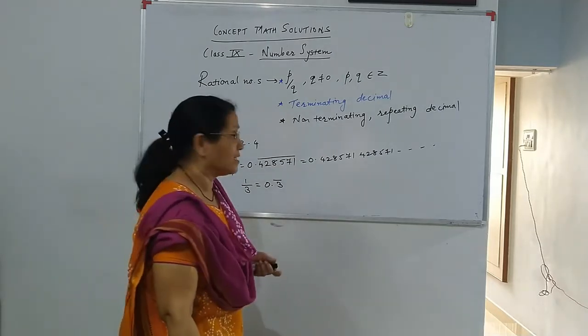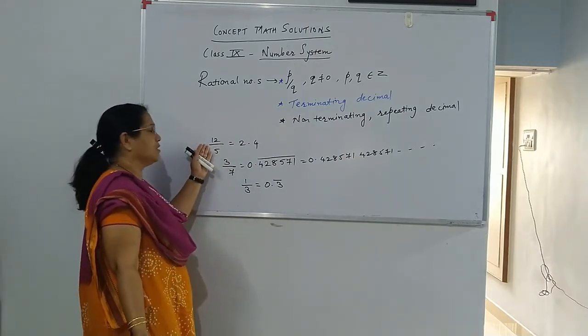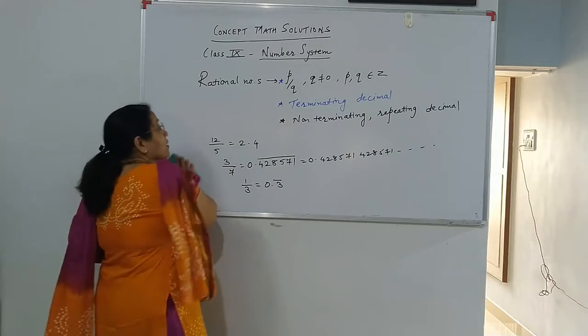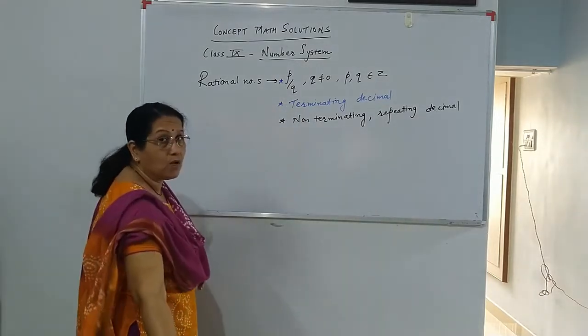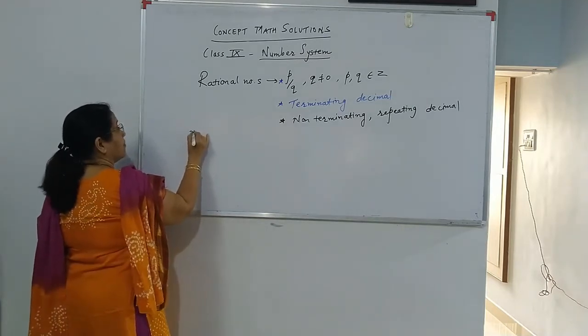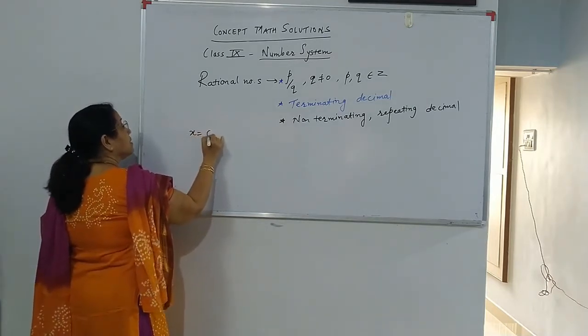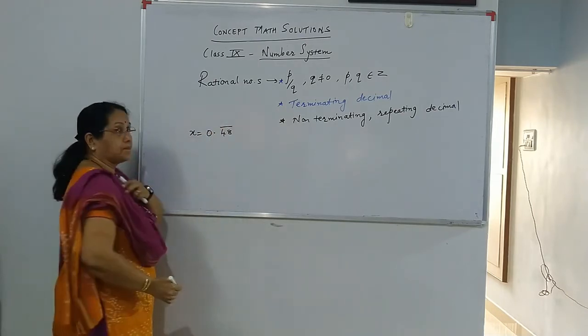Everybody knows how to convert p by q to decimal form. Today we are going to discuss how to represent a decimal form in p by q form. Suppose I have a number, say 0.48 bar.